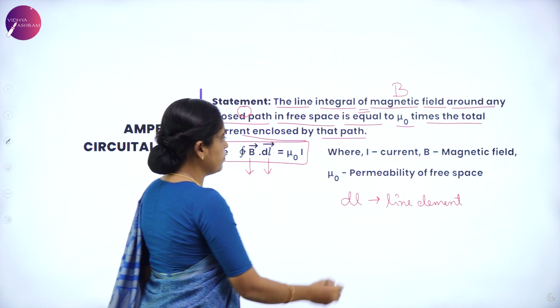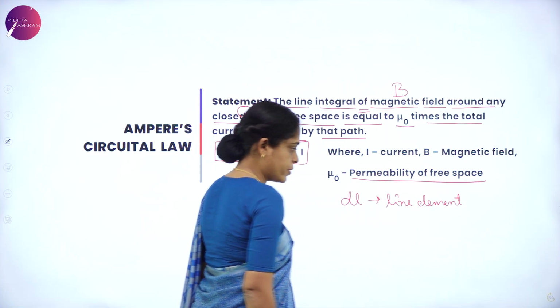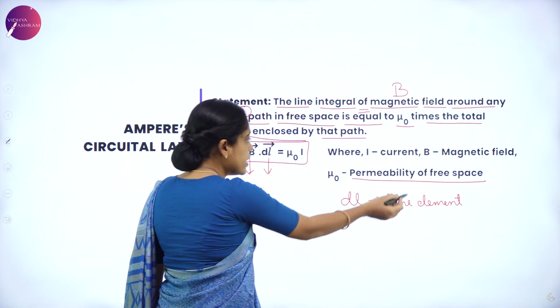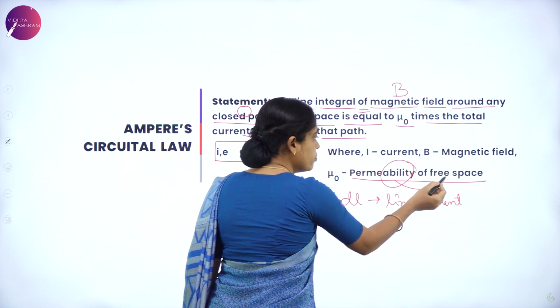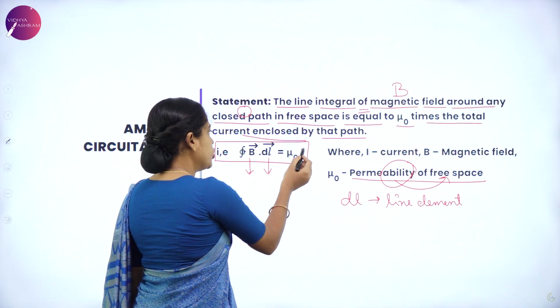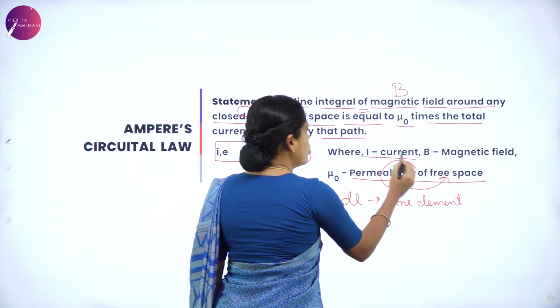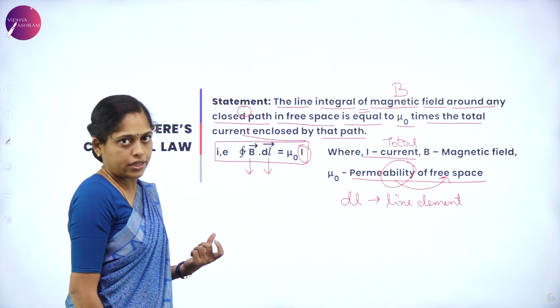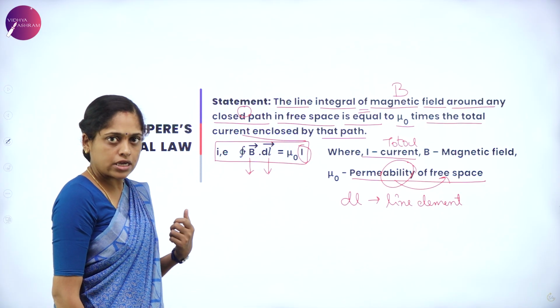Mu naught is nothing but the permeability of free space. And you know what permeability is? Permeability is the ability of the medium to allow the magnetic field lines. So this is the Ampere's circuital law.